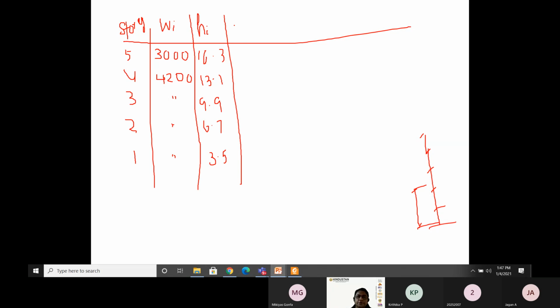Now what is the equation for you? You have at the numerator Wi Hi square. So the next column is Wi into Hi square. Each term you can multiply with the square and write down, and at the end we can sum it up. Sigma Wi Hi square.